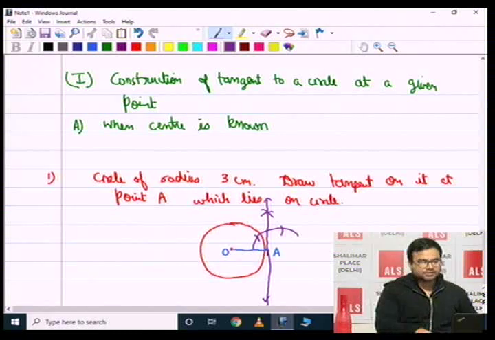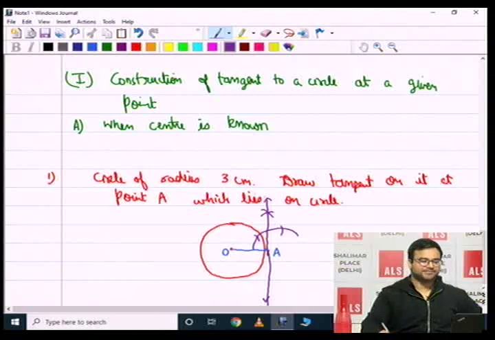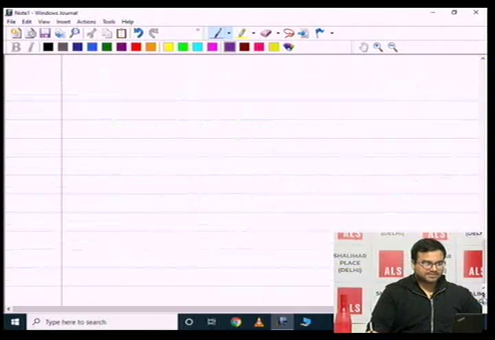Okay, so let's move ahead. So this was the part of drawing a tangent to a circle at a point on the circle when using the center. Now let us take the second case.